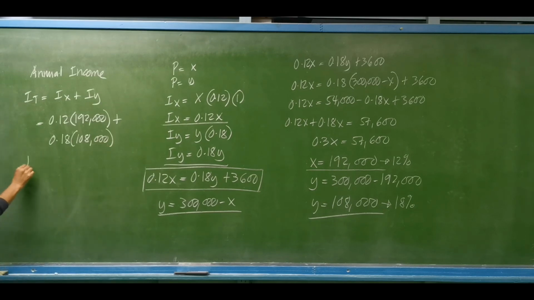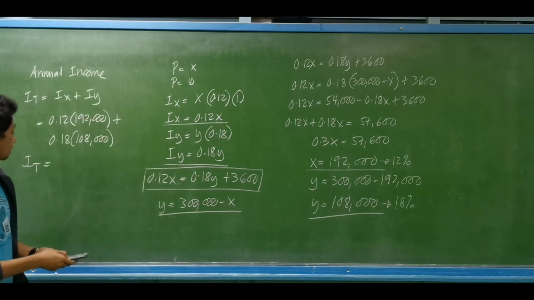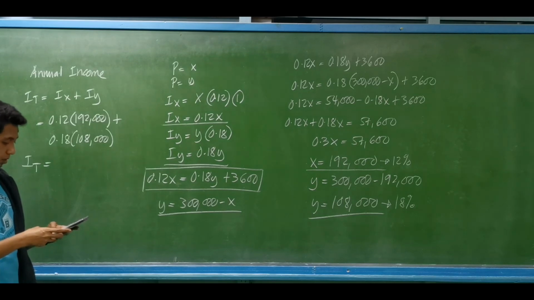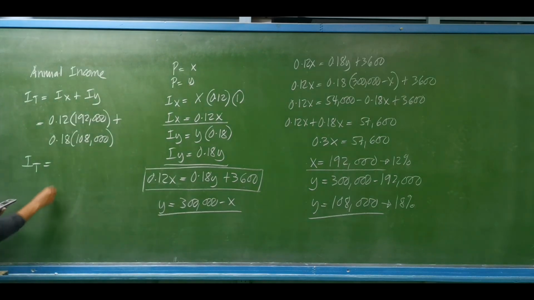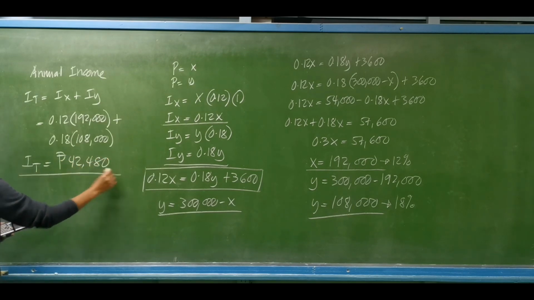So the total interest is 0.12 multiplied by 192,000 plus 0.18 multiplied by 108,000. So the total income is 42,480 pesos. So this will be our answer.